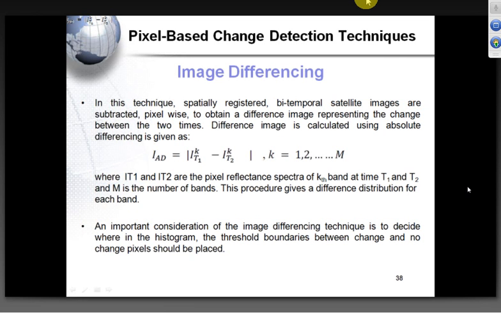T1 and T2 stand for the images taken at time 1 and time 2. So this is a very simple method, taking the image of a particular thing at two different times and taking the difference to calculate the change. But an important consideration for this technique is deciding where the threshold boundaries between change and no-change pixels should be placed in the histogram.